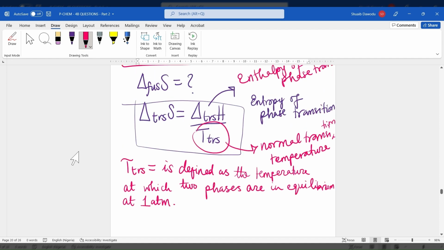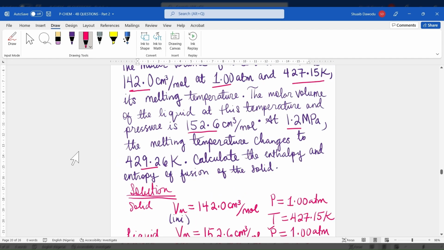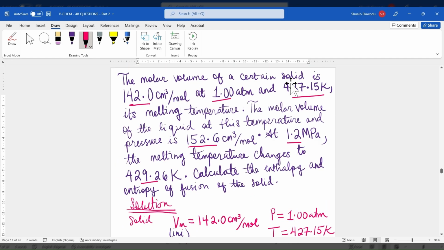So when we go back to our question, we will see this. We see that we're told the molar volume of a certain solid is 142 and so on at 1 atm, and 427.15 Kelvin, its melting temperature. Then we're also told the molar volume of the liquid at this temperature and pressure is 152. Now we see that the temperature and pressure remain the same during the process of melting.